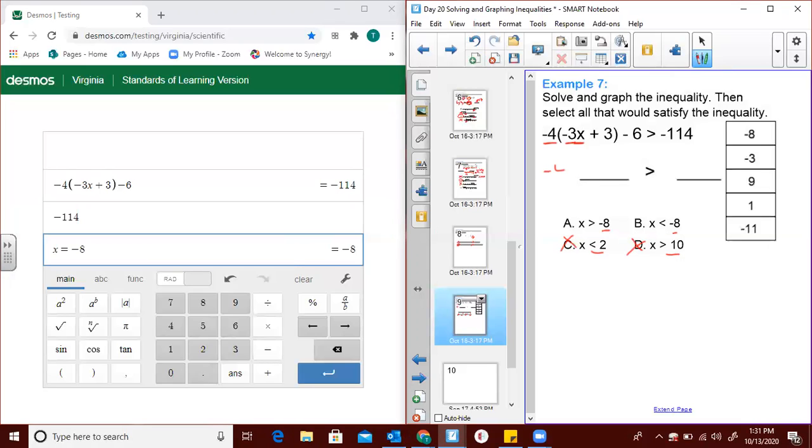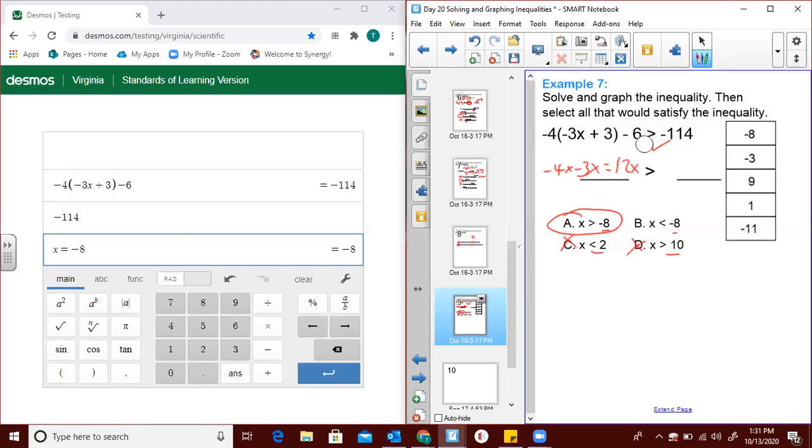So if we're distributing, and I'm only going to distribute this to the negative 3x because that's all we need to prove, times a negative 3x, I know that a negative times a negative is going to give me a positive. Right, so that means that my sign is going to stay the same. So that means that's going to be A, x is everything greater than negative 8.